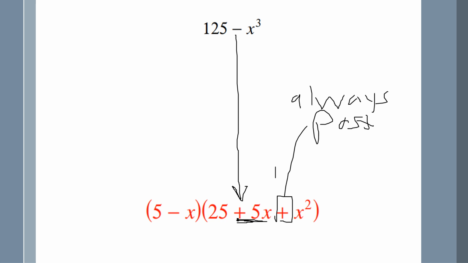Doesn't matter if I'm dealing with positive or negative. This is always positive. The middle changes. So use your FOIL method to double check your work. I trust that you did. And again, I'm not doing the details of this. I'm going to leave it as this and move on.